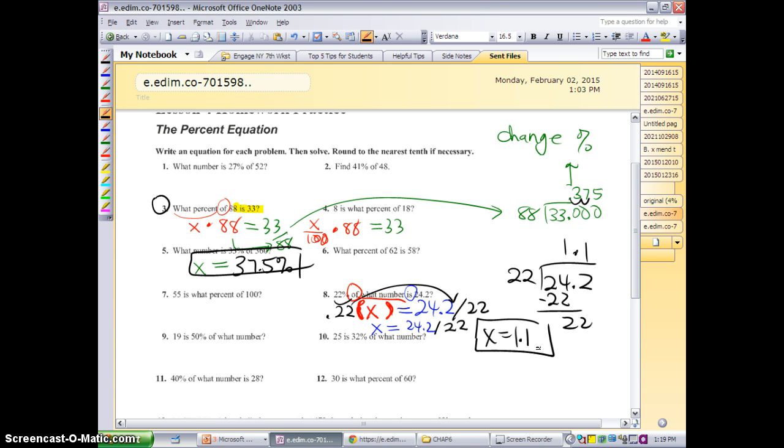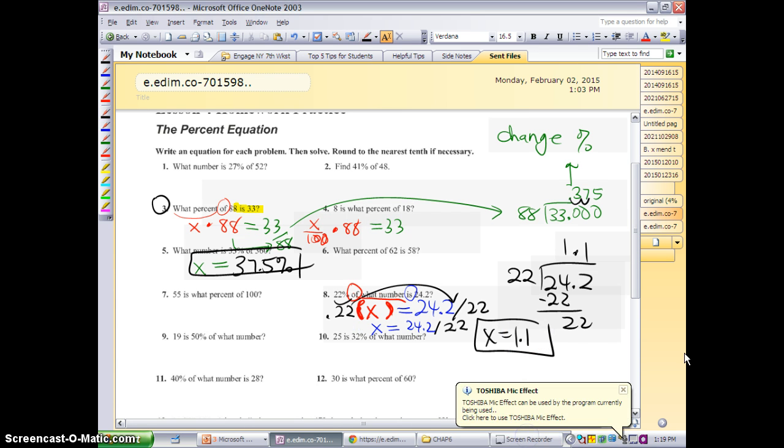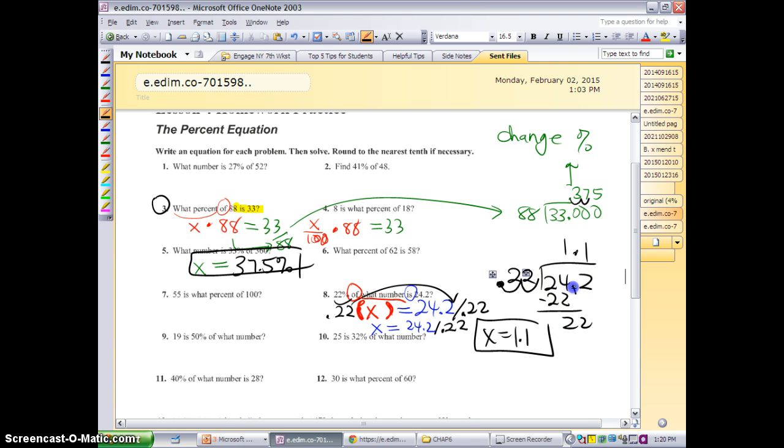Of what number? Oh, that's the decimal. I'm sorry, I was supposed to be dividing by 0.22 and not just 22, so there is a decimal here, which means I need to move the decimal twice to the right, which also means I need to move the decimal twice to the right with the number inside the parentheses.